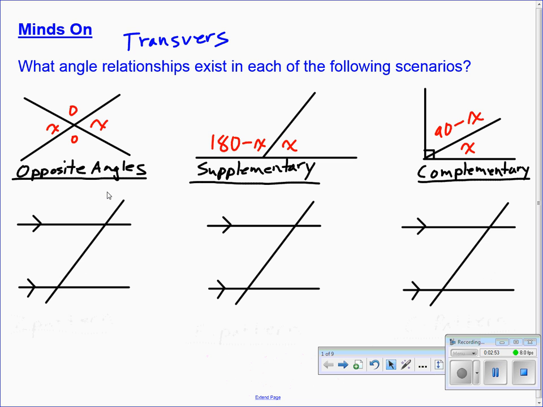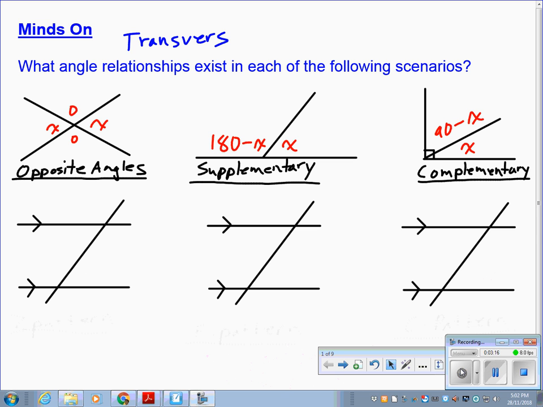Now, when we have 2 parallel lines and this line here cuts across them, remember what I said? It's called the transversal, or the transverse line. Now, what I'm looking for are similar angles that cut across these 2 parallel lines, and we'll use that to find those appropriate angles.